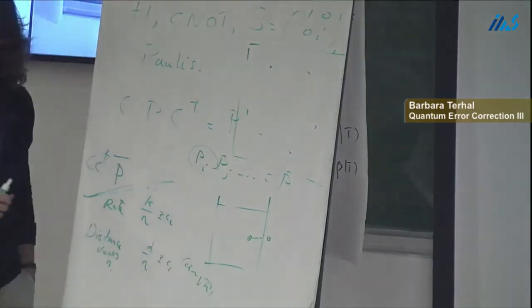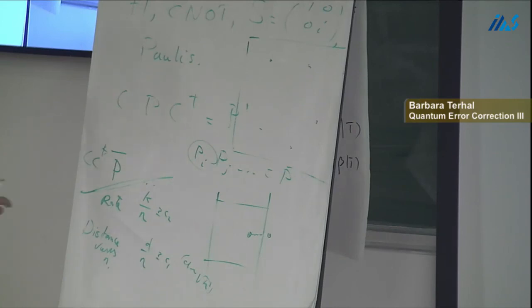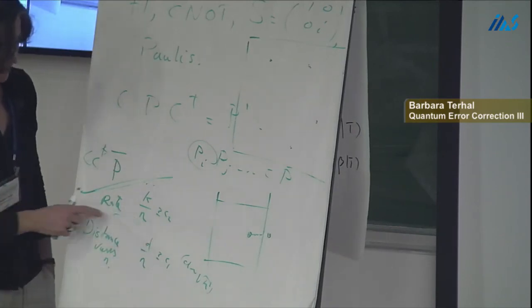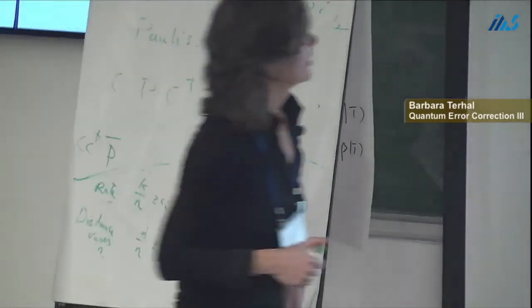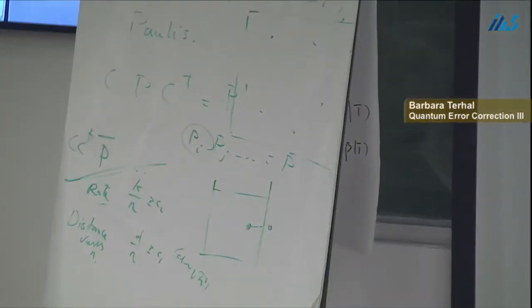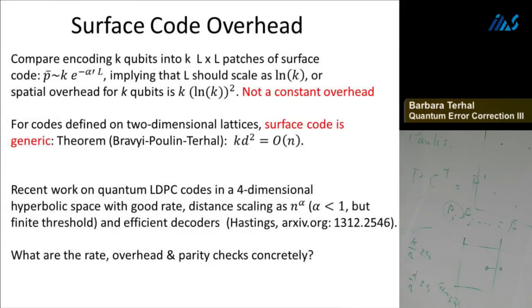Maybe this is actually not so bad in terms of the performance of such a code. But we also like a code where the rate is constant. So there were some recent codes that were defined that would allow, in principle, a constant overhead if you would use those codes for quantum memory.